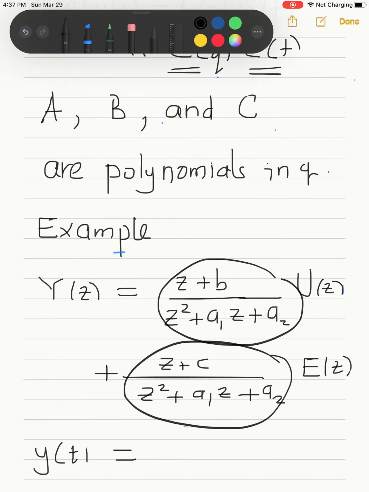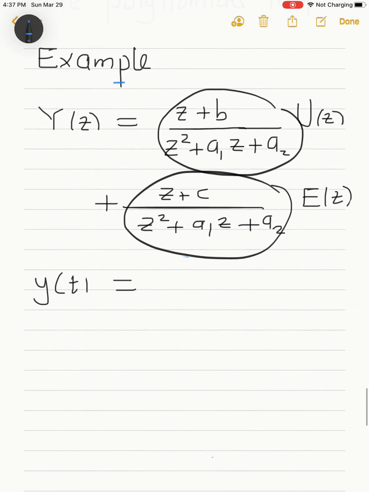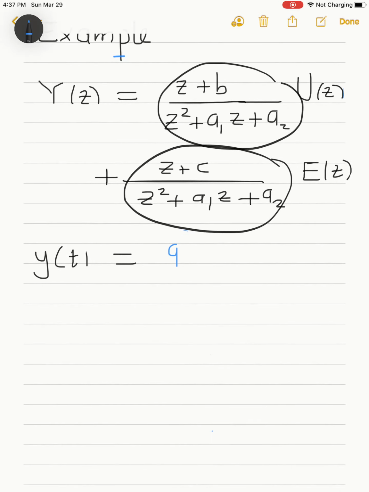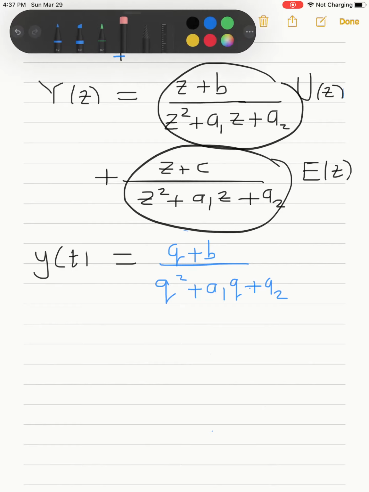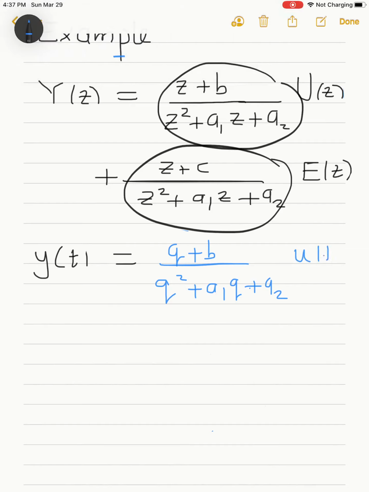I will just substitute for that by Q. So I get (Q plus B) over (Q squared plus A1 Q plus A2) times U plus (Q plus C) over (Q squared plus A1 Q plus A2) times E of t.